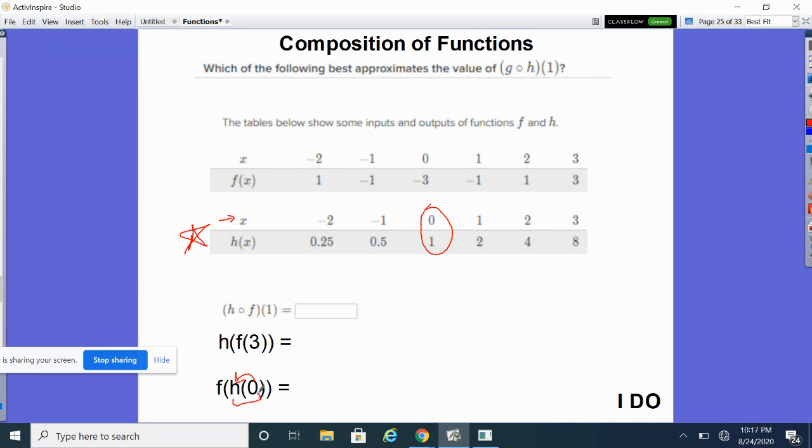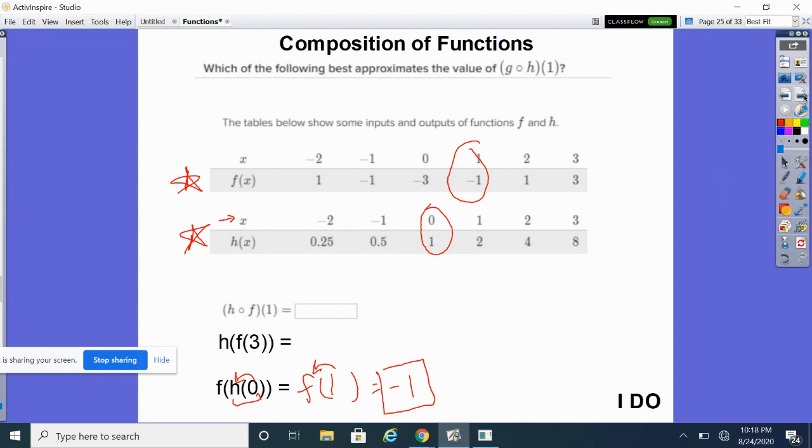So now this h of 0 is actually 1, but we still have f to do. That's why it's out in front. Go see what 1's paired up with on the f table. Going to the other table, looking at x, we need a value of 1. It's paired up with -1. We've done everything they asked. That's the answer. It's the final answer.